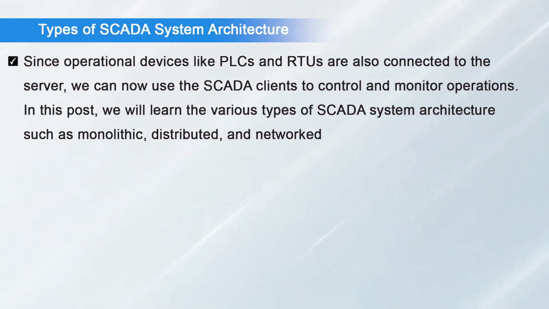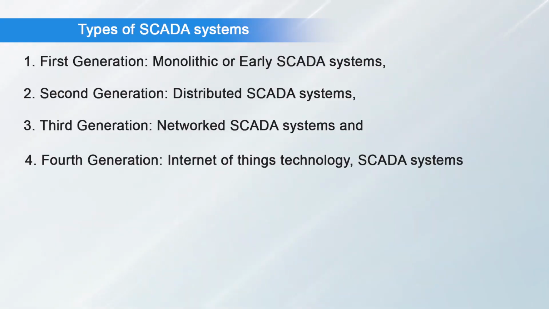So, in this we will learn the various types of SCADA system architecture such as monolithic, distributed, networks and the Internet of Things. Depending upon the SCADA architecture we can define 4 different generations. So, based on that we have 4 SCADA systems based on the architecture.